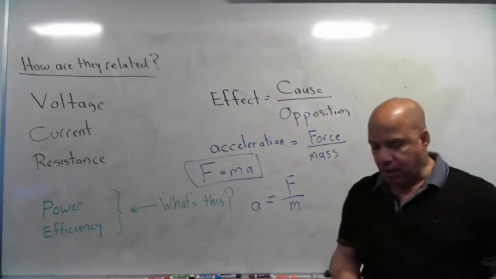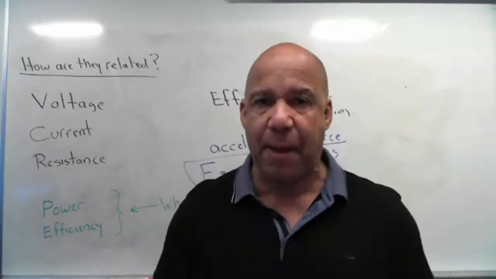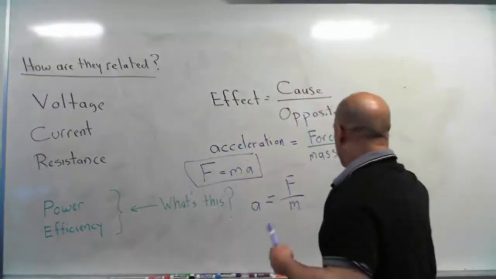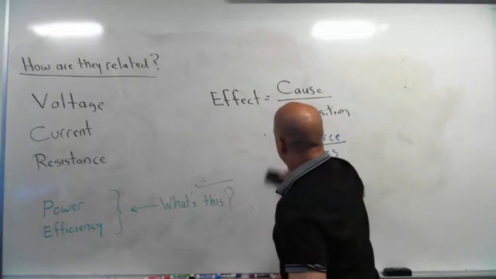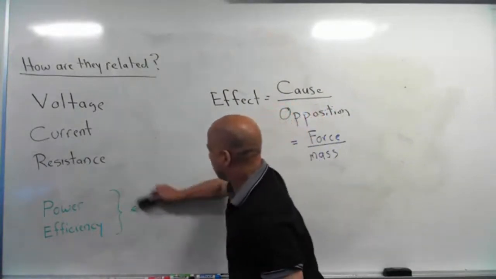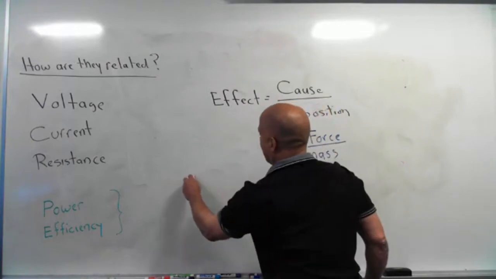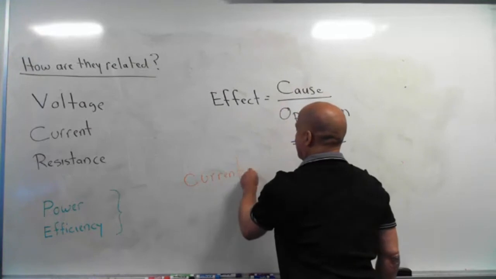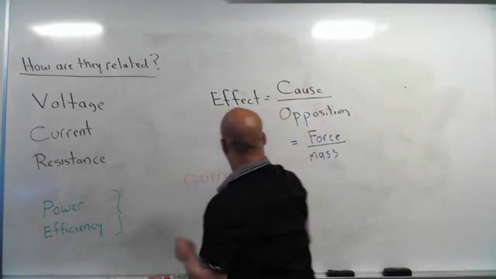Well, in electrical engineering, electronics, the effect we're trying to establish is not an acceleration. What we're trying to make happen is current. We're trying to make current flow. So the effect we're trying to establish is a current flow. The cause of a current flow is voltage.